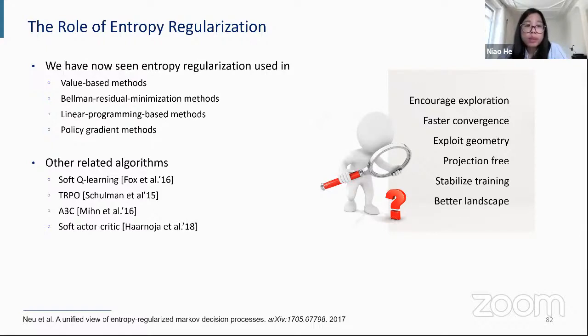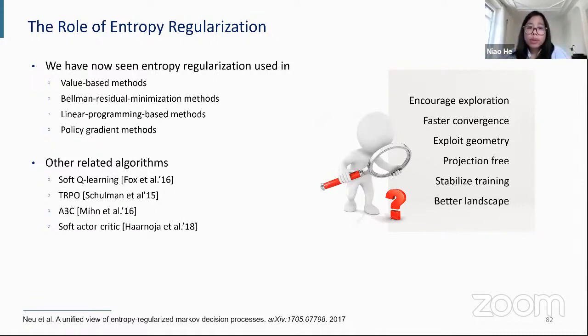And in policy gradient methods, this was also extensively used to achieve faster convergence. There are many other algorithms that also used or explored entropy regularization, but they are somewhat different in nature from what we have discussed here.